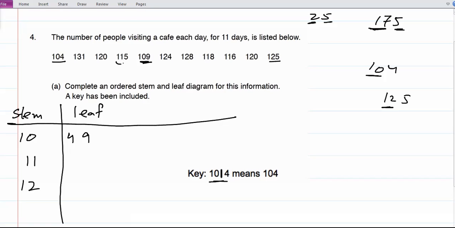Which one is it? This one is 115. So 11 we wrote already, just write 5 now. In the same way, we write 116, because after that is 116. Just write 6. After that is 118.